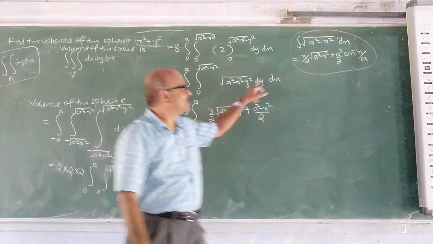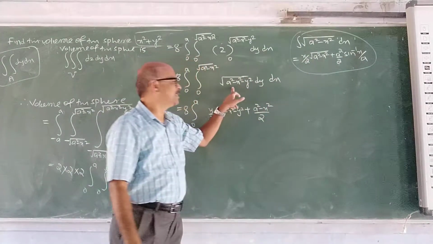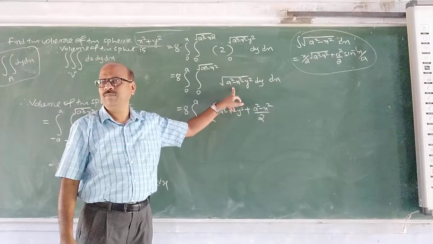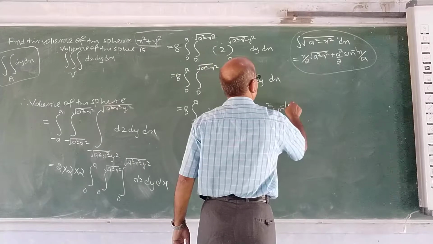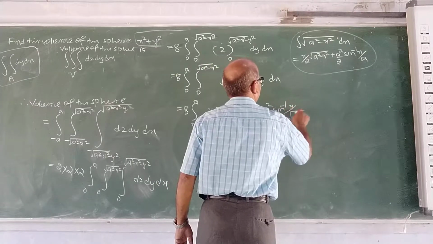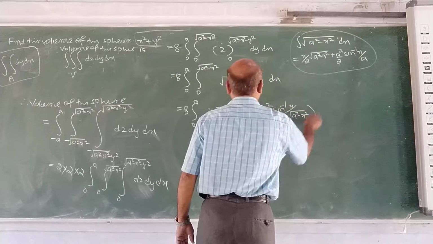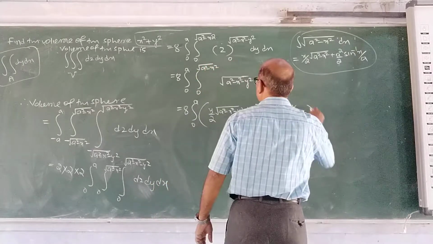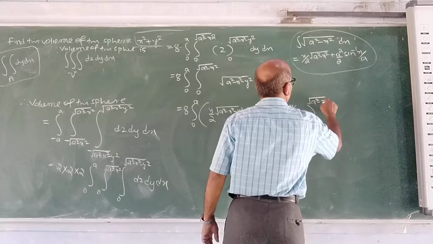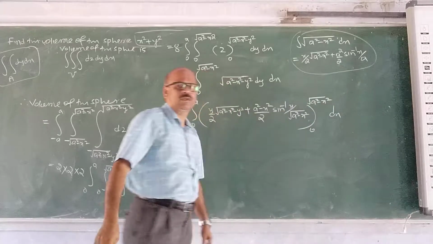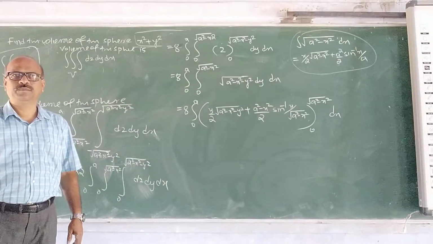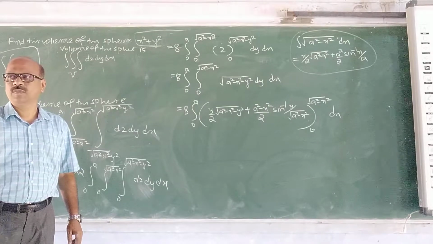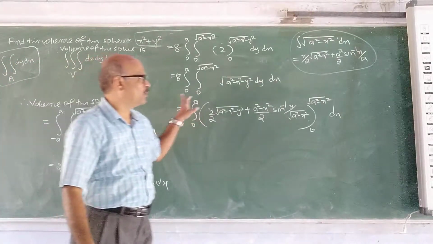In place of a square here, we have a square minus x square, plus sin inverse y divided by a, meaning root a square minus x square. What are the limits? 0 to root a square minus x square, with respect to x. Application of the formula is also important.